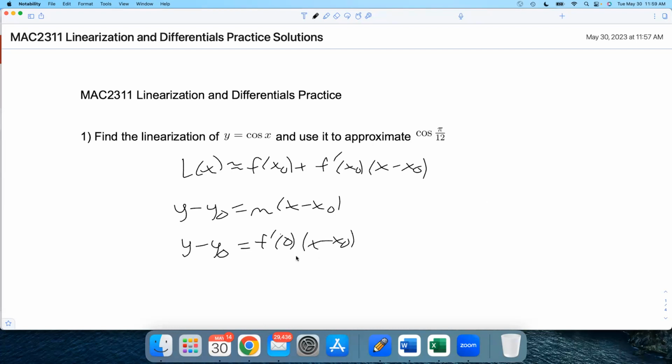If I move that y naught to the other side, and these are all approximately, this is the equation of the tangent line. I'm saying the actual y value is approximately equal to the tangent line.